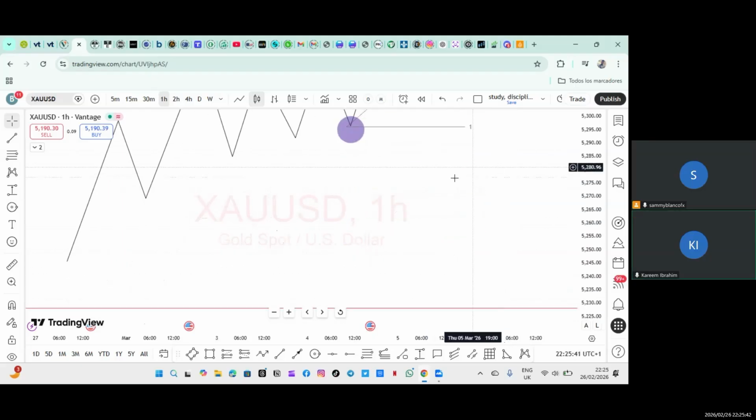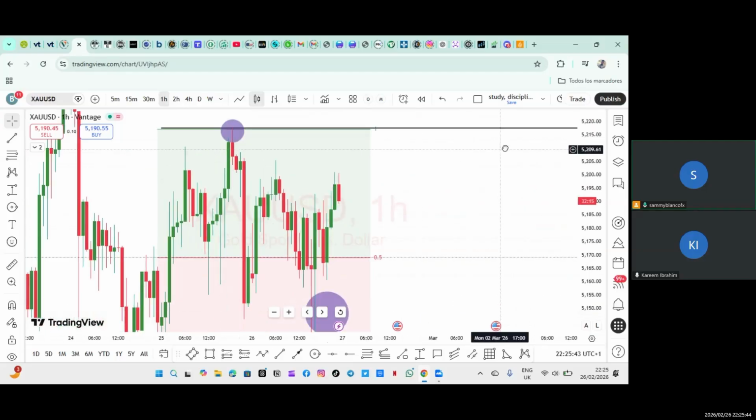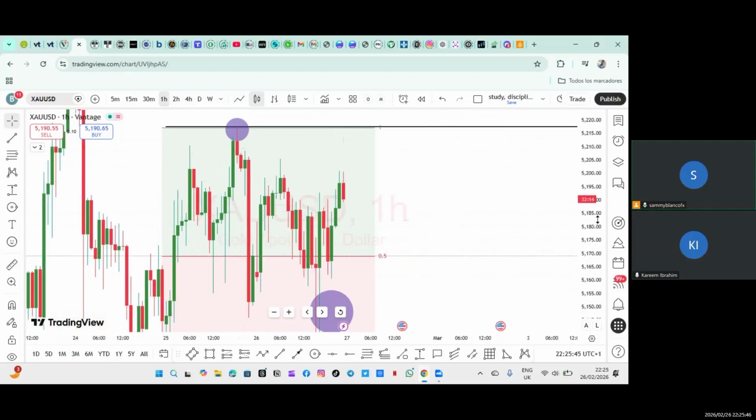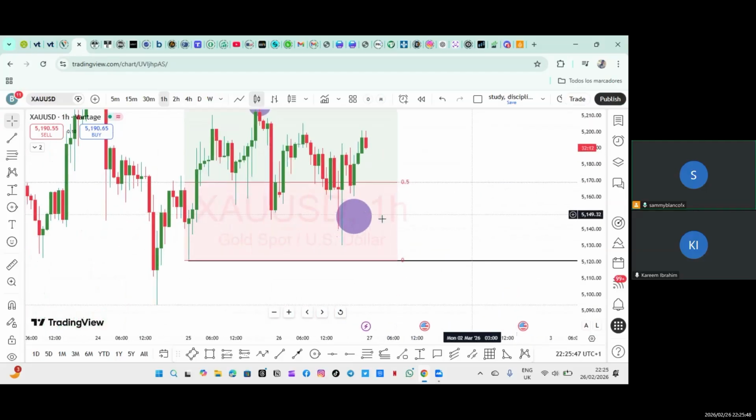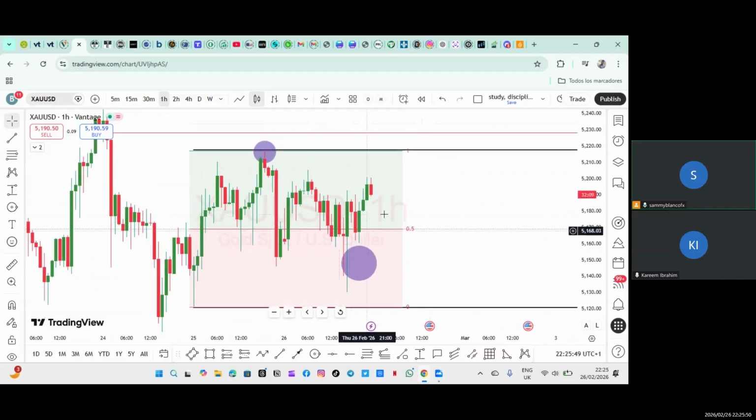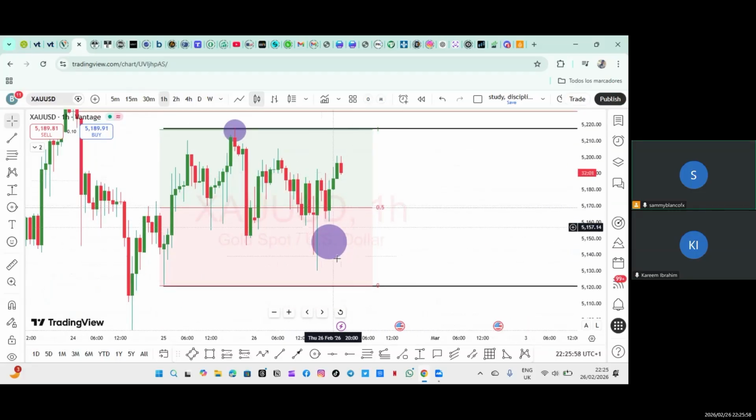Okay. So the same thing that we have right here. This one only has two options, because this is another type of Fibonacci that we have. I'm saying it's the same thing, but this one is just to show us a discount and premium level.